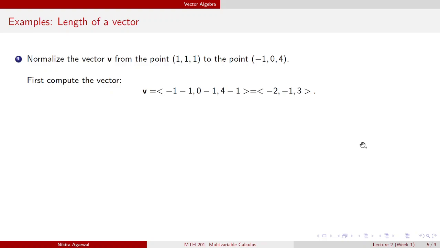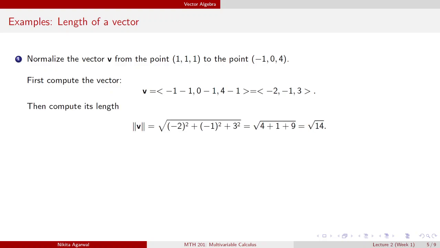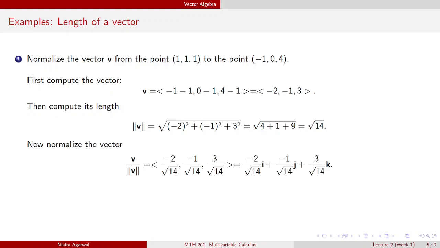But you have to normalize it. How do you normalize a vector? You calculate its length and divide the vector by its length. So if you compute its length, the norm of v is equal to the square root of the sum of squares of its components, which is minus 2 square plus minus 1 square plus 3 square, which is square root of 14. Okay. Now how do you normalize the vector?